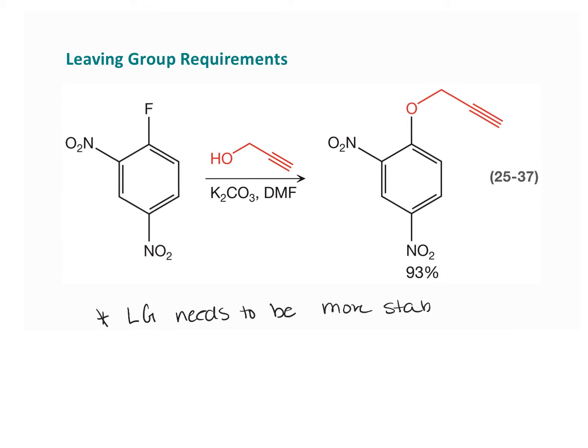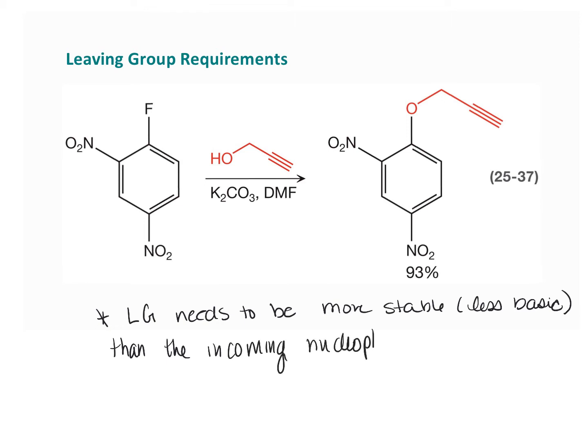And we remember that when we say more stable, what we actually mean is less basic, right, than the incoming nucleophile, right? Because that more stable of the two will depart in the elimination step.